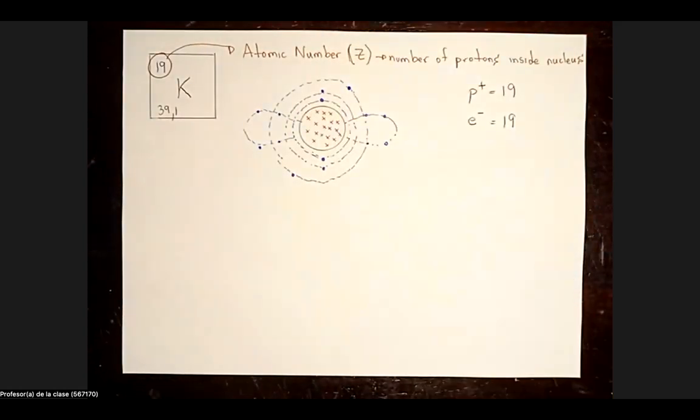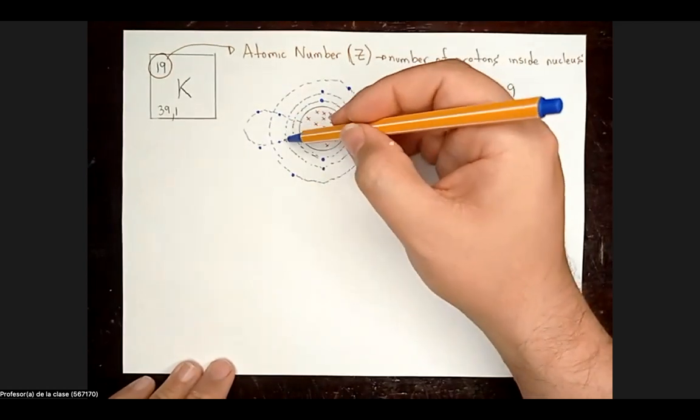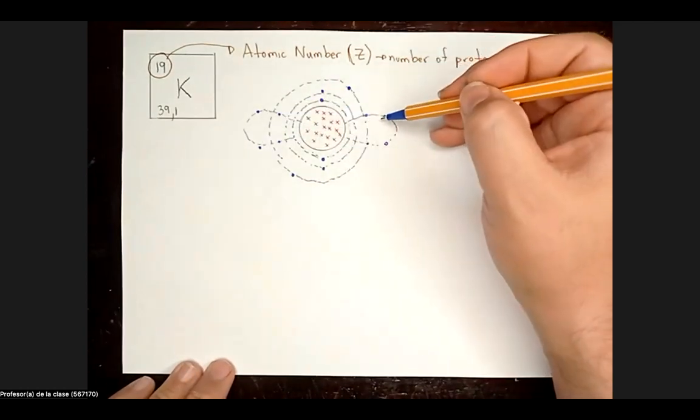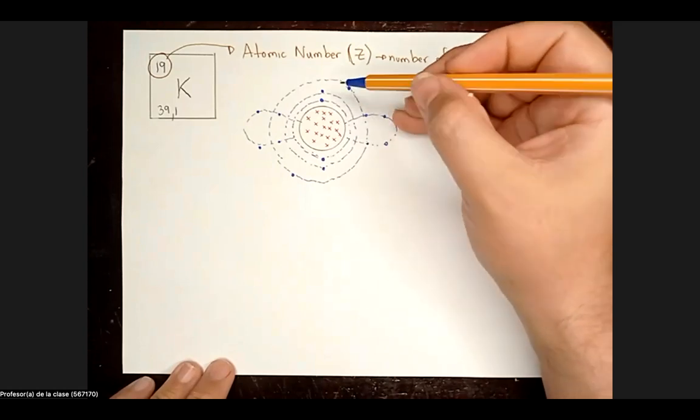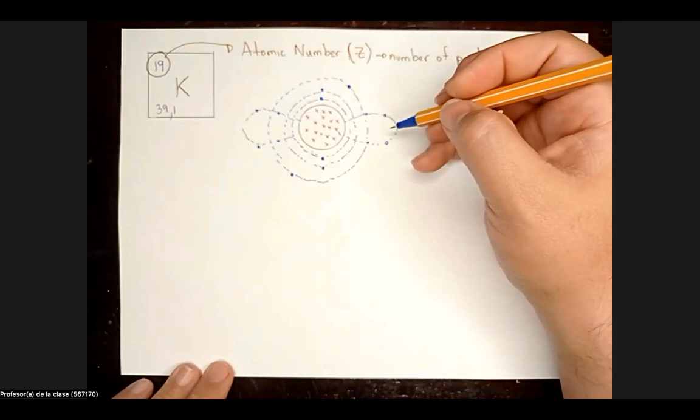But for now, you just have to believe what I'm saying. 1, 2, 3, 4, 5, 6, 7, 8, 9, 10, 11, 12, 13, 14.